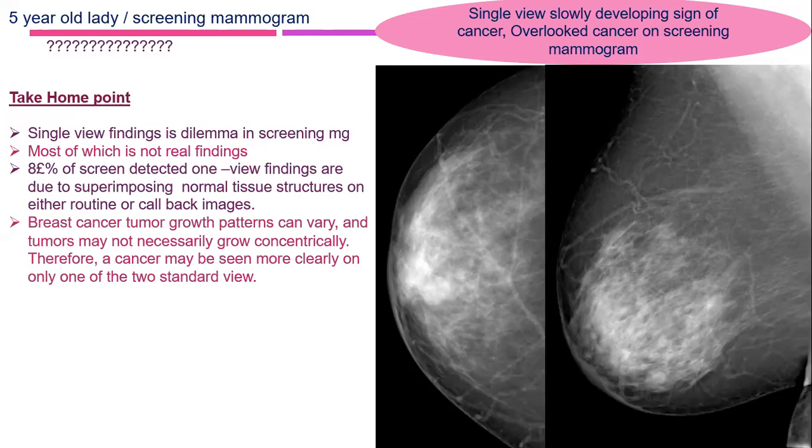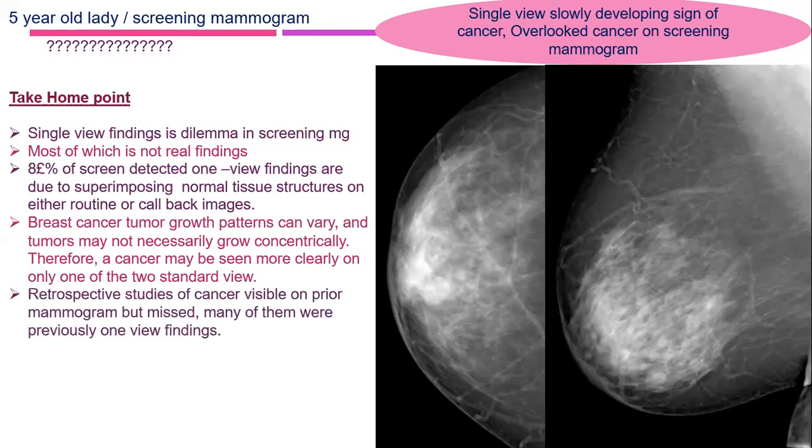Still, a single view abnormality can be cancer, and most single view abnormalities are normal tissue. That is why it is a dilemma, especially for screening. If the patient is diagnostic, it will be easier, but in the screening setting it will be a problem.